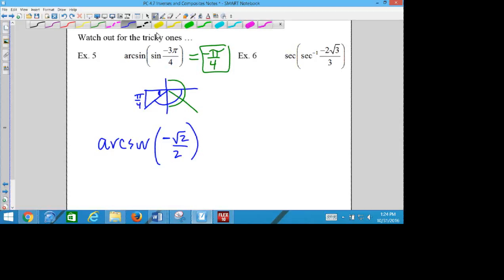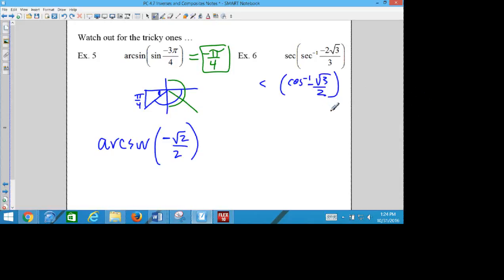All right, and then this one, secant, that's the same thing as cosine, but flip it. So this would be √3/2, negative √3/2. So I need to find where cosine is negative √3/2.